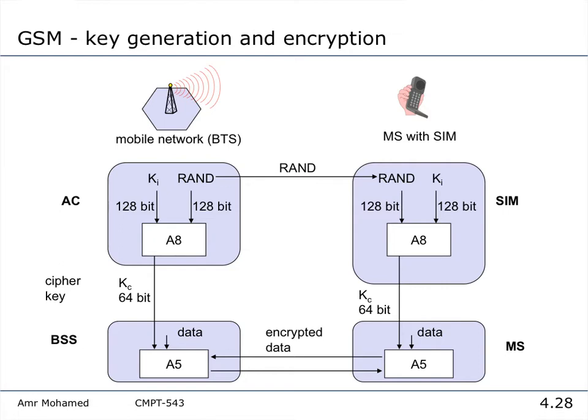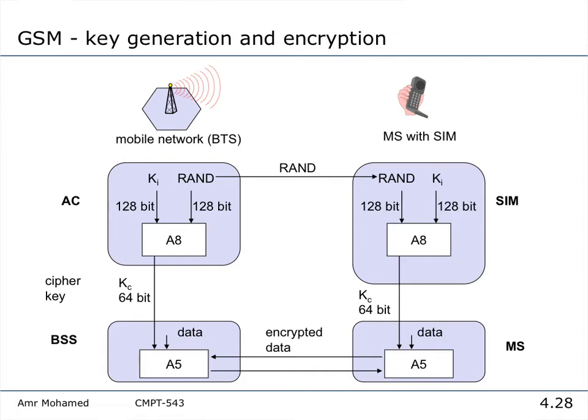The random number gets sent over the air interface, but it's sent once. So if you listen to this random number, you need KI, and then you need the specification for A8 in order to produce the same cipher key. That's not to say that this is perfectly protected, but it's a little bit hard.